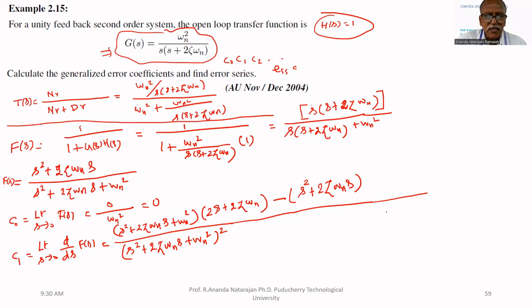If you differentiate the denominator, what you will get? 2s plus 2 zeta omega n.